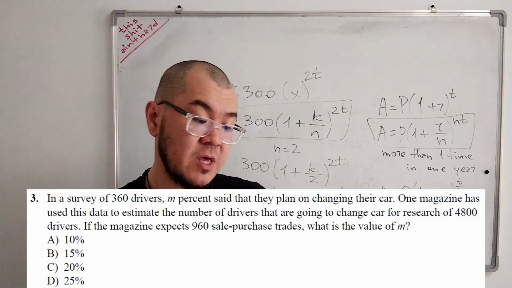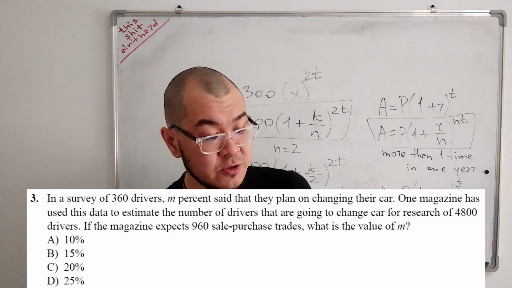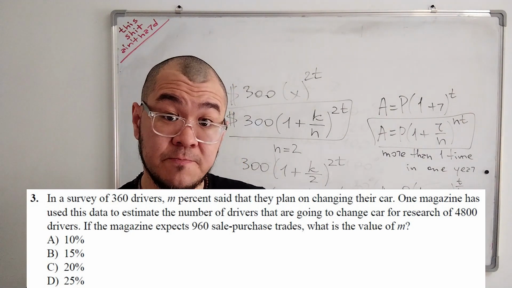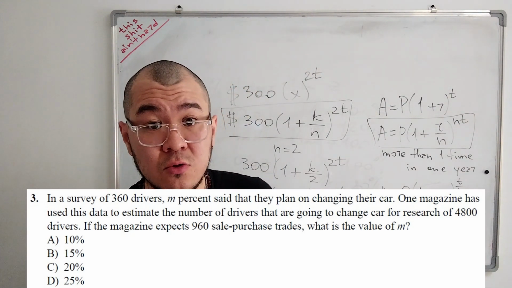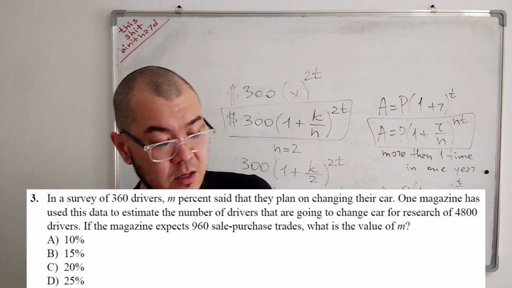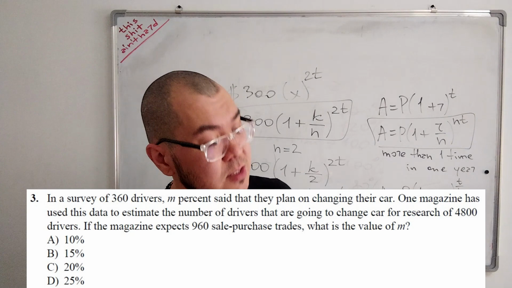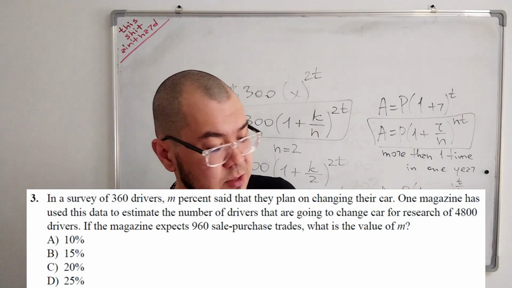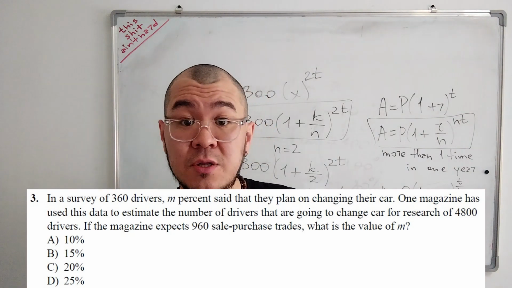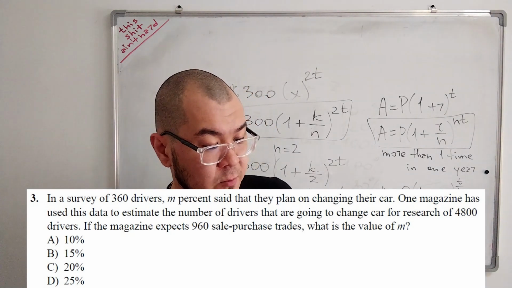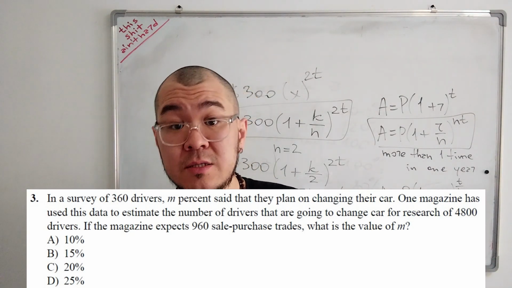We have 4,800 drivers and 960 traits. And we can easily find out what m is equal to by dividing our traits. This means that 960 drivers change their car, when the total amount of drivers is 4,800.